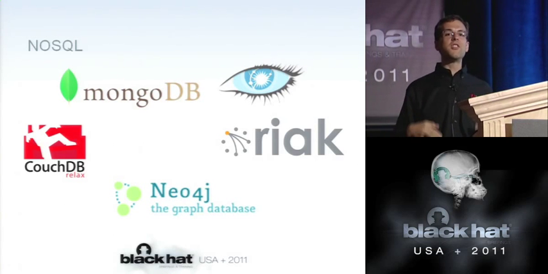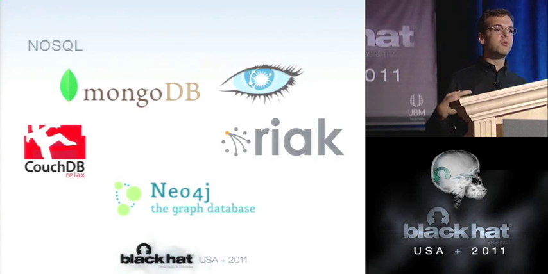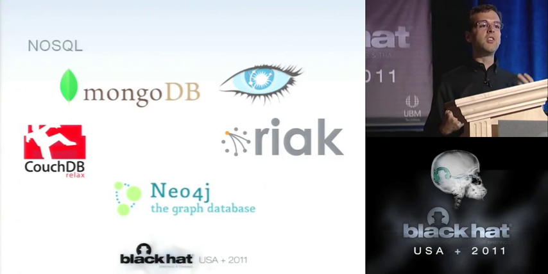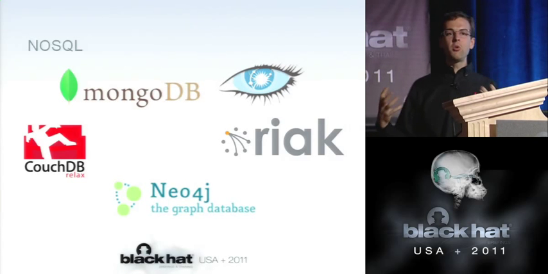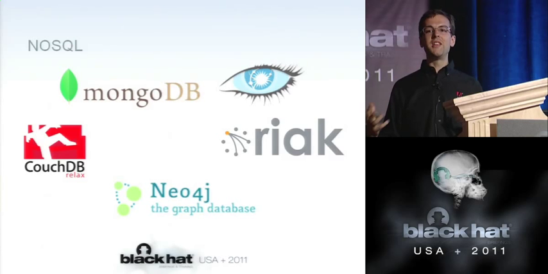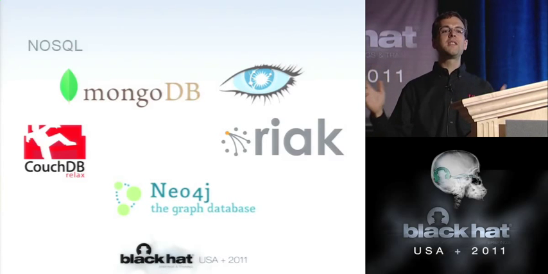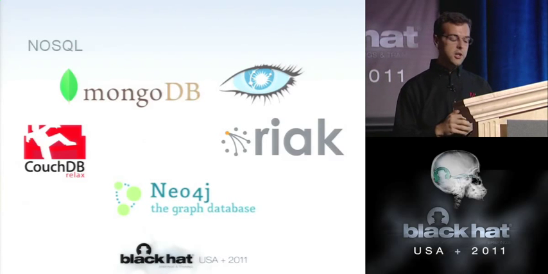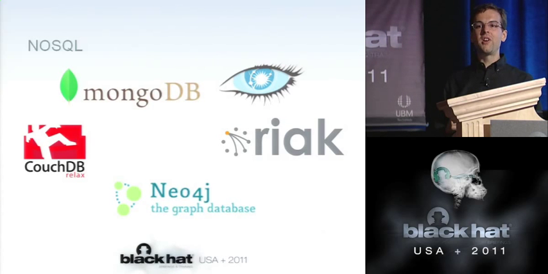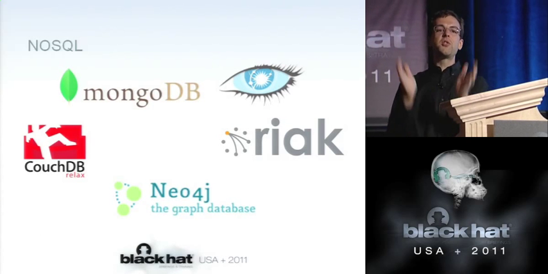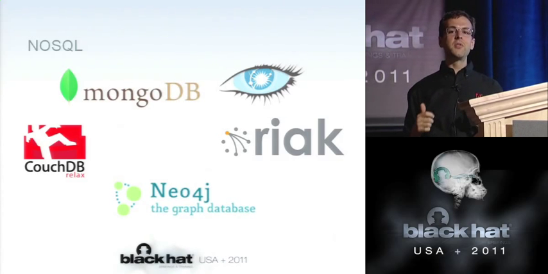What these databases are, they're really designed for working with really large amounts of data and really high scalability. The problem that they try to solve is that when you're working with petabytes and exabytes of data and trying to do all this massive amount of processing, it's hard to do that with straight SQL, because there's only so far up you can build a certain machine, and it gets really, really expensive.